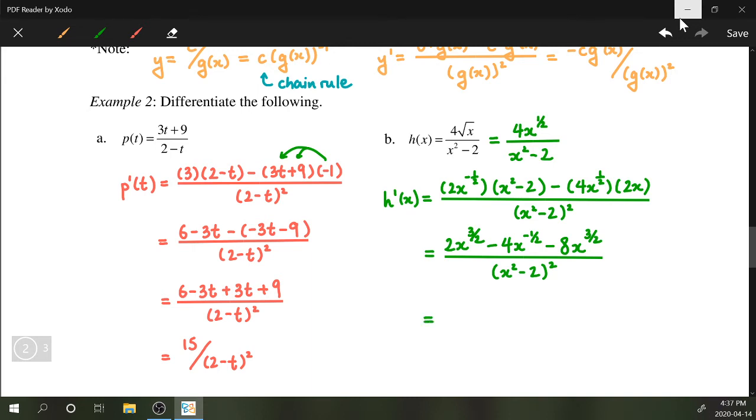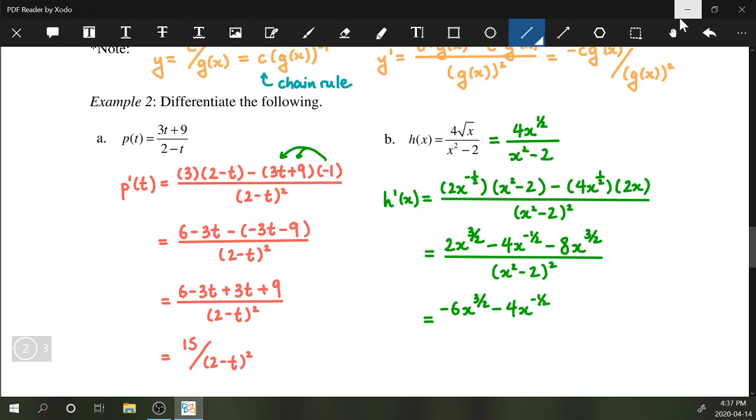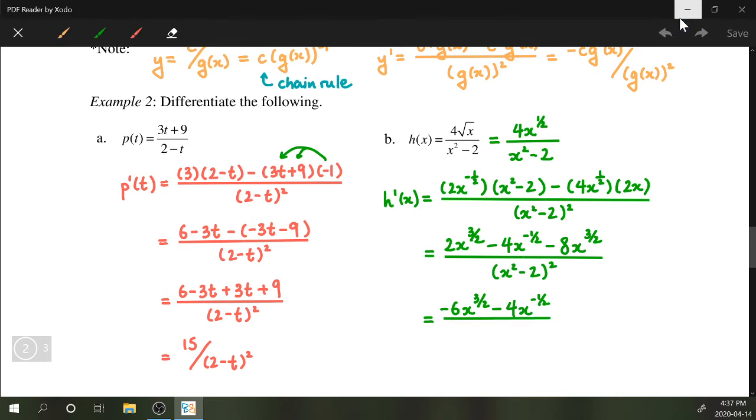So now if we combine like terms, we have negative 6x to the 3 over 2 minus 4x to the negative 1/2 power, all over x squared minus 2, all squared. So the last thing you have to do is to rewrite the powers of x. Now, of course, x to the 3 over 2 can be rewritten as x root x, or the square root of x cubed.